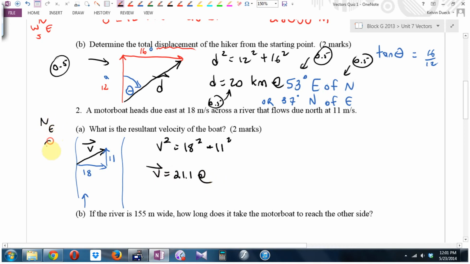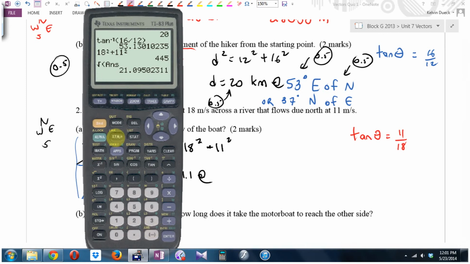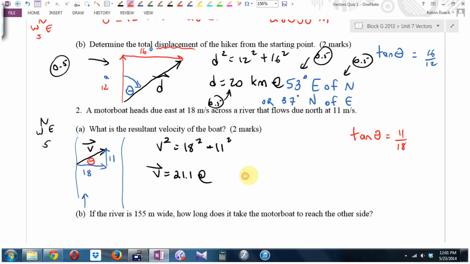North, east, south, west. So I could add that angle there, which would be tan of theta equals opposite 11 over adjacent 18. Do you get 31.4? I'll go 31 degrees. So I would take it at 31 degrees.